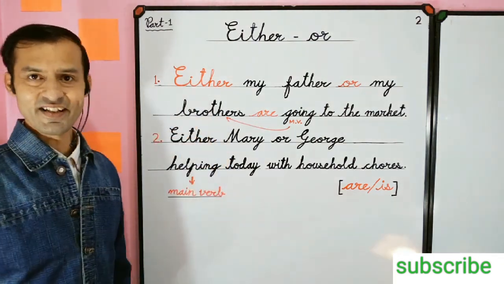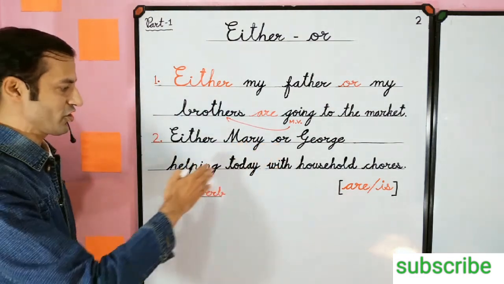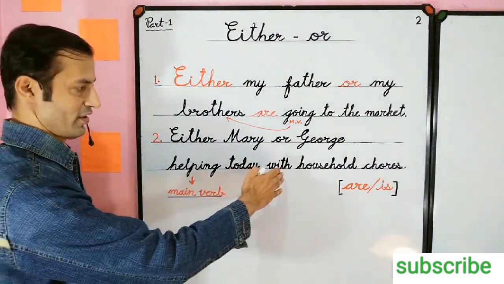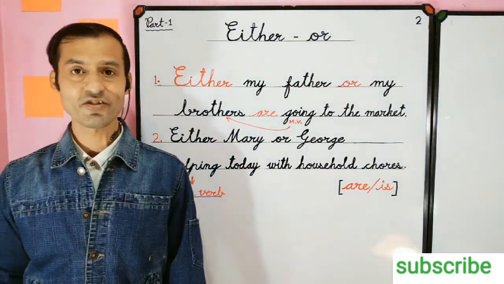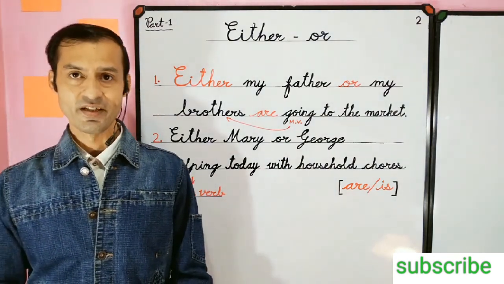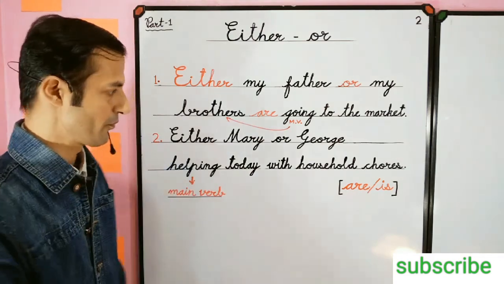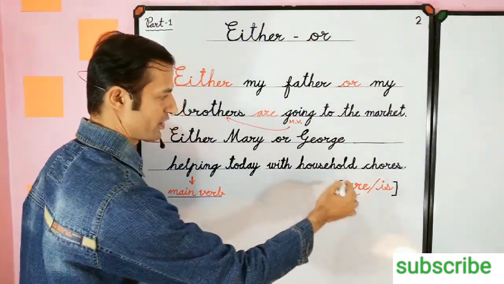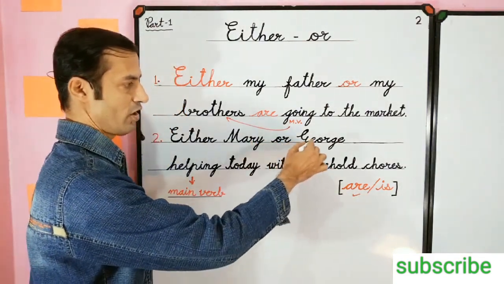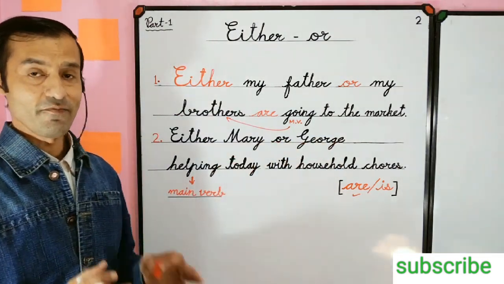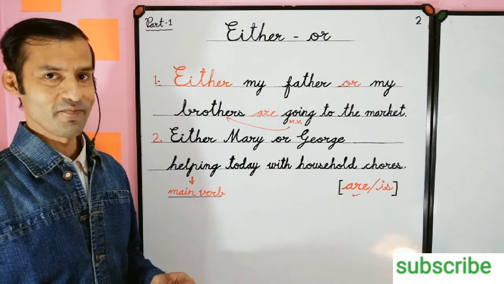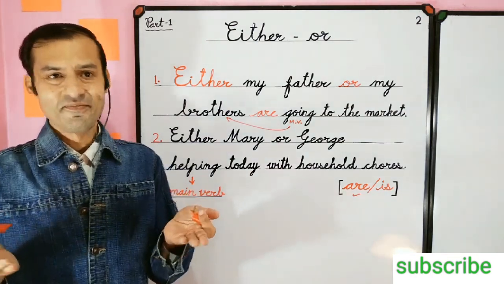And how is the second sentence? Either Mary or George is helping today with household chores. In this sentence, I've seen many students make a common mistake, and they always put the plural form are according to the subject Mary or George, but it's not right. First observe the main verb, and where is the verb?